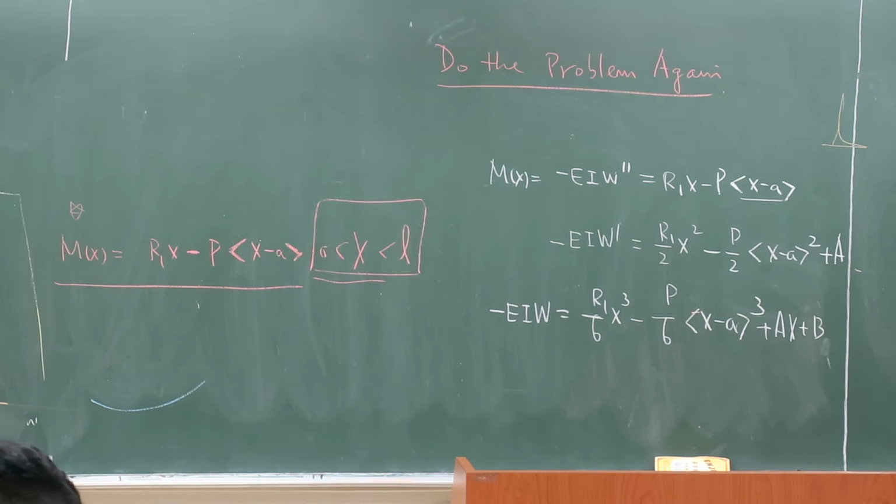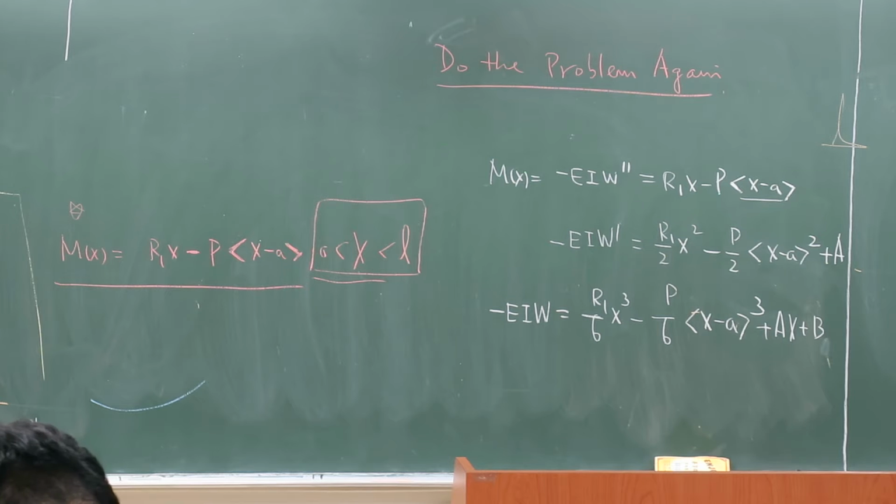Okay? And w at L equal to 0. So I will have R1 L cubic over 6 minus P over 6 L minus a cubic plus AL equal to 0.